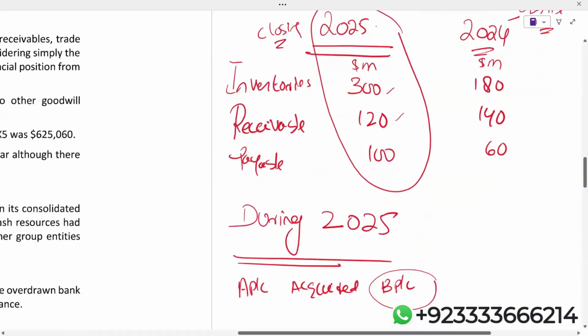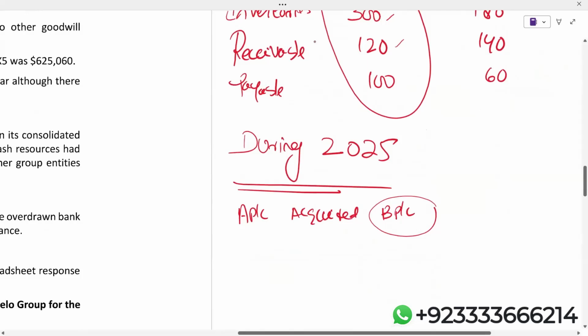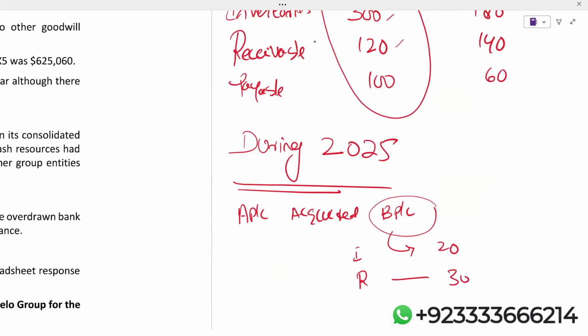Now I'm assuming that BPLC is having inventories of 20 million, receivables of 30, and payables of 10. I'm just assuming, okay? 20, 30, and 10.